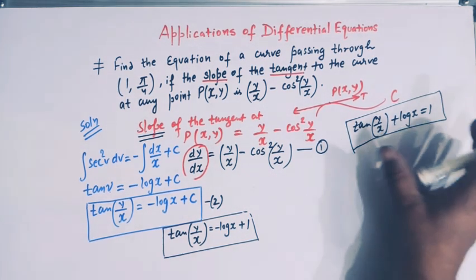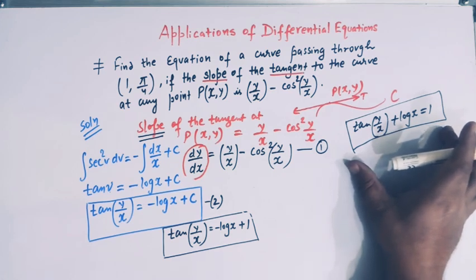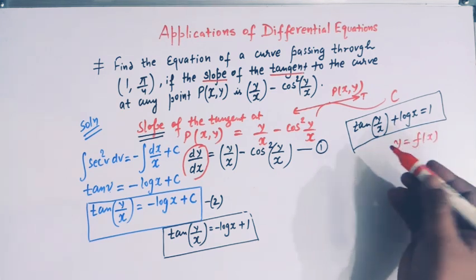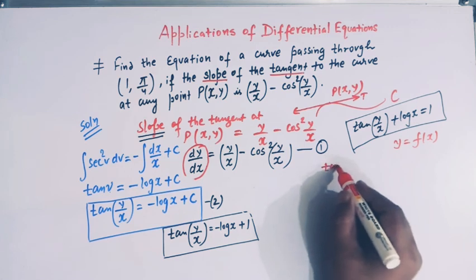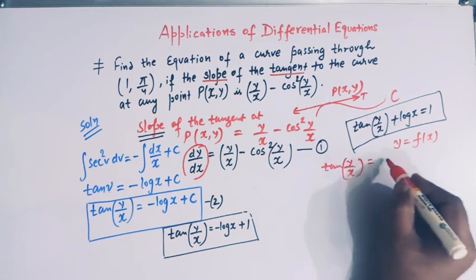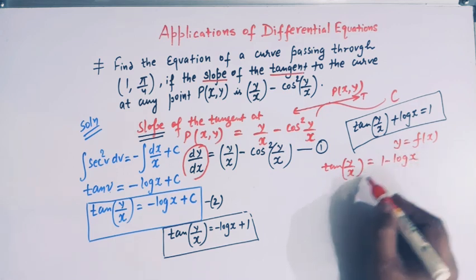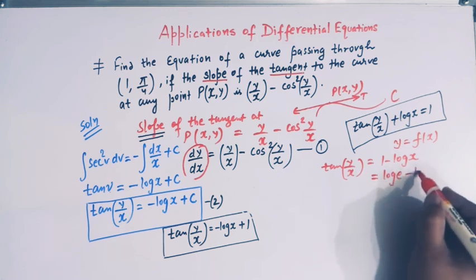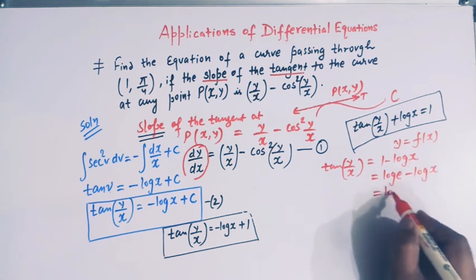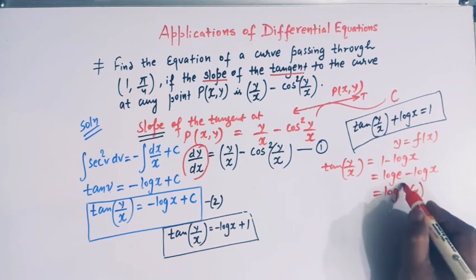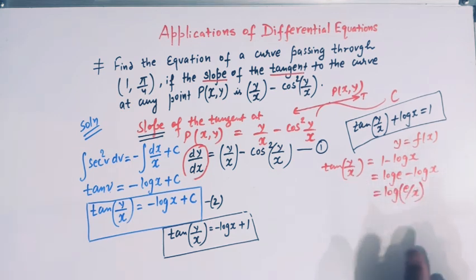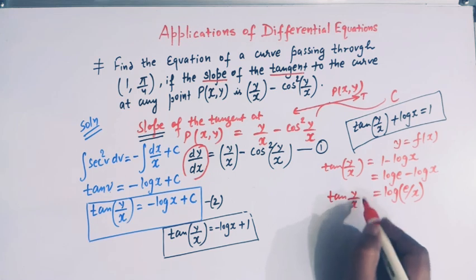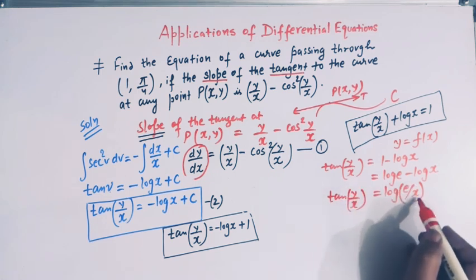Now we can also express this equation in the form of y = f(x). How? Let us see. We can write tan(y/x) = 1 − log x, and this 1 can be written as log e − log x. So this can be written as log(e/x) by making use of the properties of log. So tan(y/x) = log(e/x).